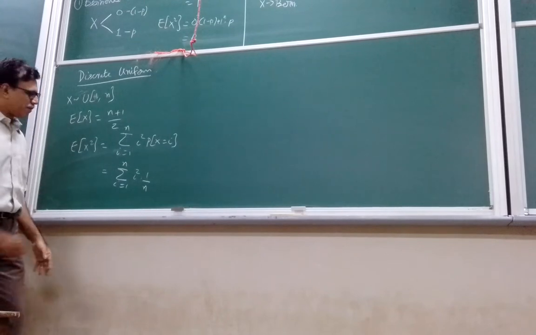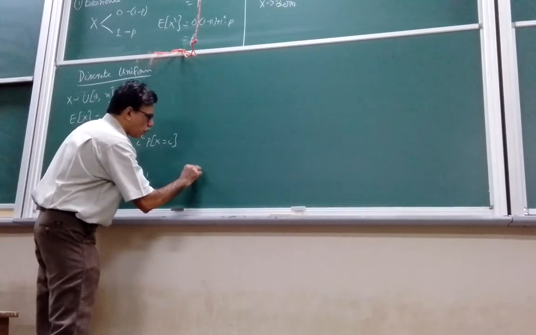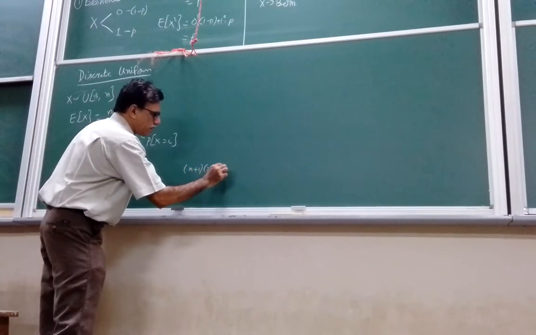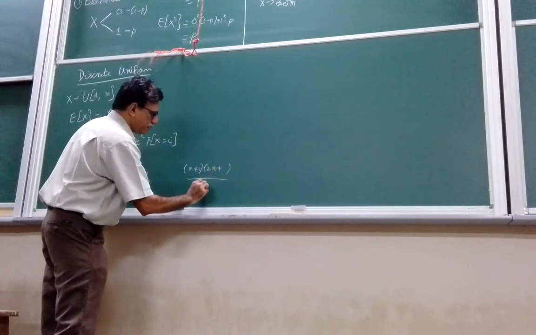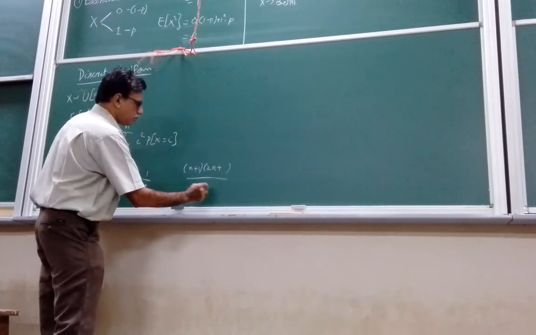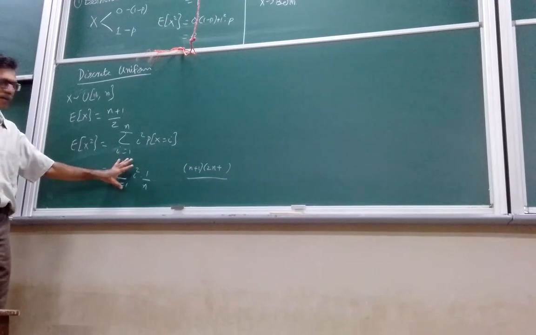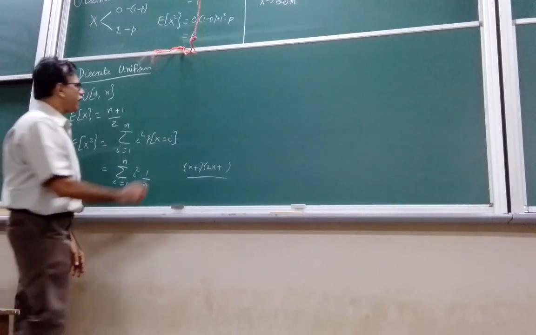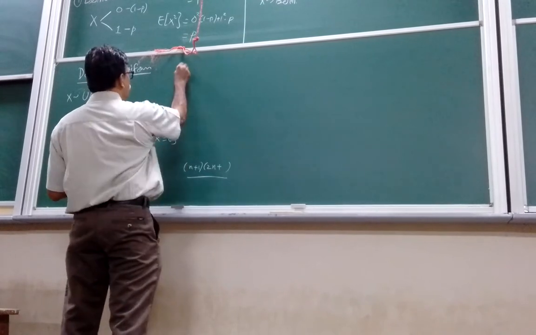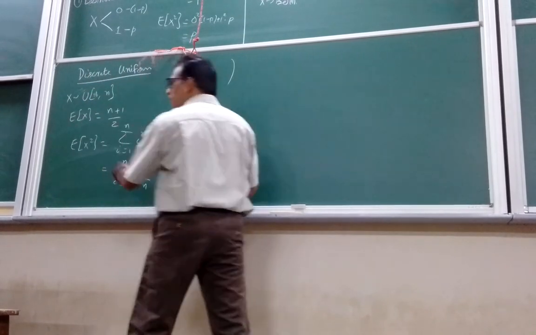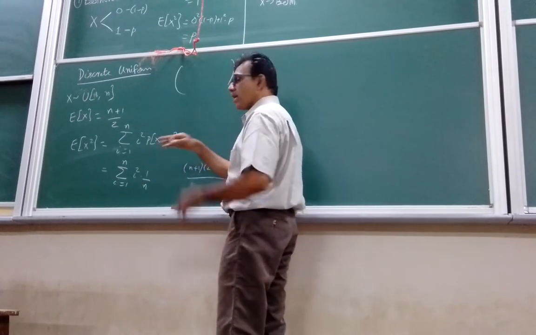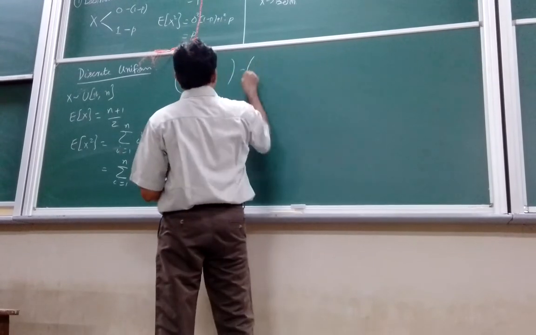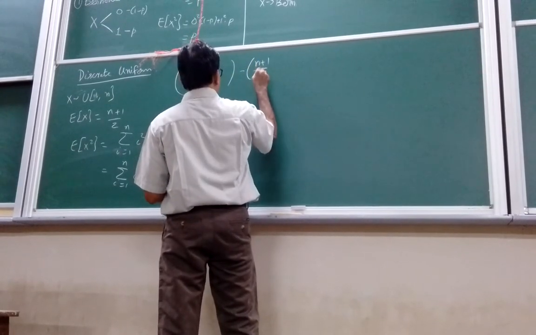It will be something like n plus 1 into 2n plus 1 divided by some value. That is what the second moment is. And from that we have to subtract the square of the first moment, n plus 1 by 2 the whole square.